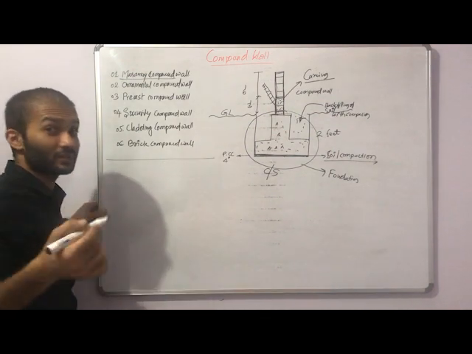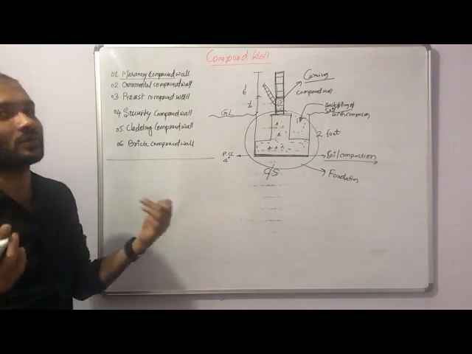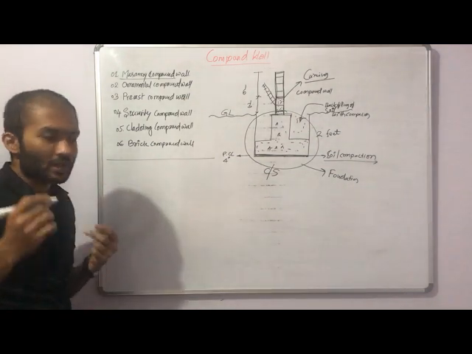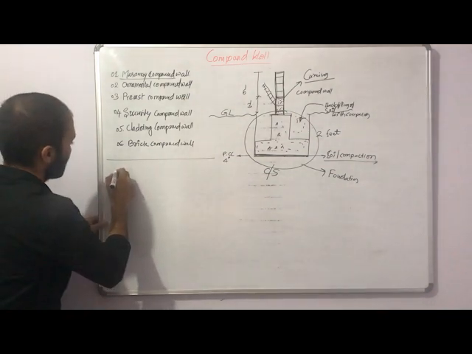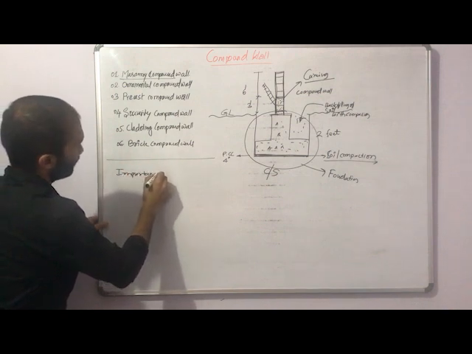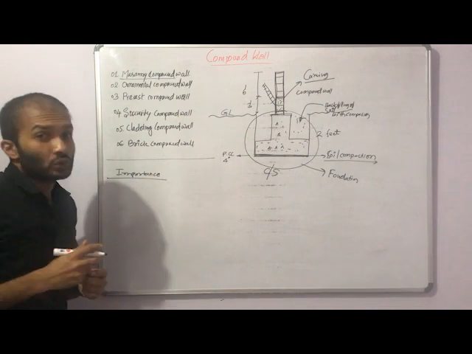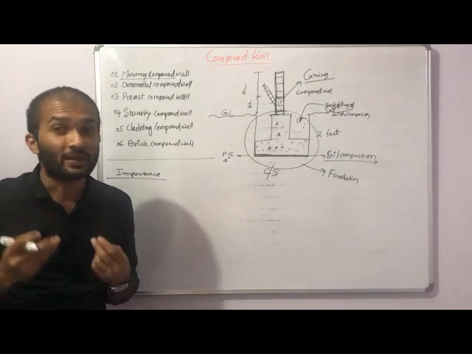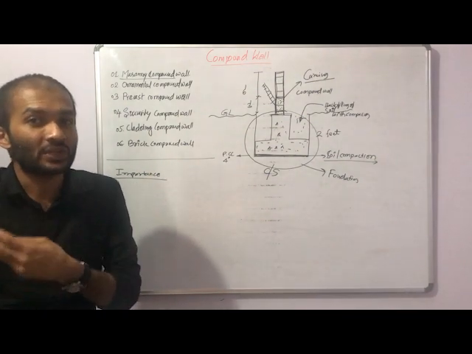In the next topic we are discussing the importance of compound wall. What are the importance? Why do we require it? A compound wall is a barrier between two individual plots.